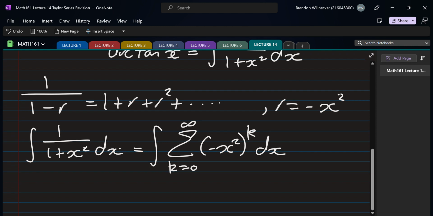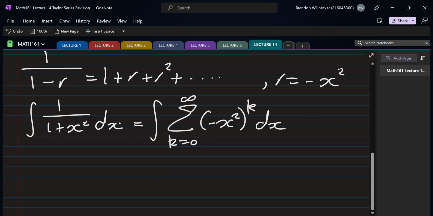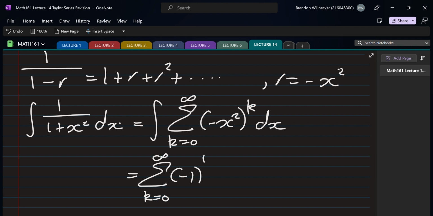Okay, we can simplify this a little bit and then swap the integral and the sum so that we can integrate each of the terms individually. So here we can write it as the sum, k equals 0 to infinity, minus 1 to the k, so that's just taking the minus out from the minus x squared. Then we have the integral of x to the 2k dx. So I just took the k from the outside and then took it inside. Okay, so x squared to the k is x to the 2k.